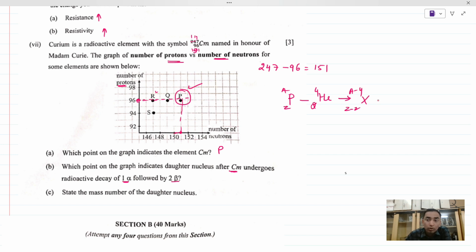Then followed by 2 beta particles, the atomic number increases by 2. So again we get Z, but no change in mass number: A minus 4 and Z.